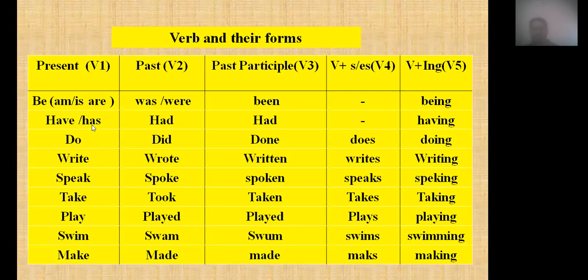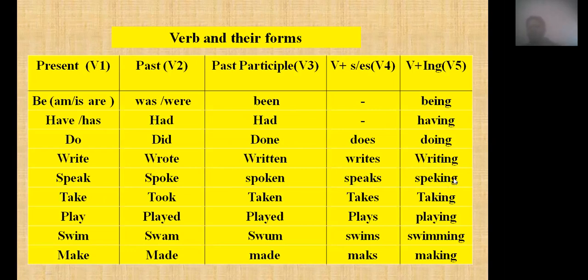Again, have, has: the past form is had, and having. It also doesn't have any s or es form. Do, did, done, does, doing; write, wrote, written, writes, writing; speak, spoke, spoken, speaks, speaking.